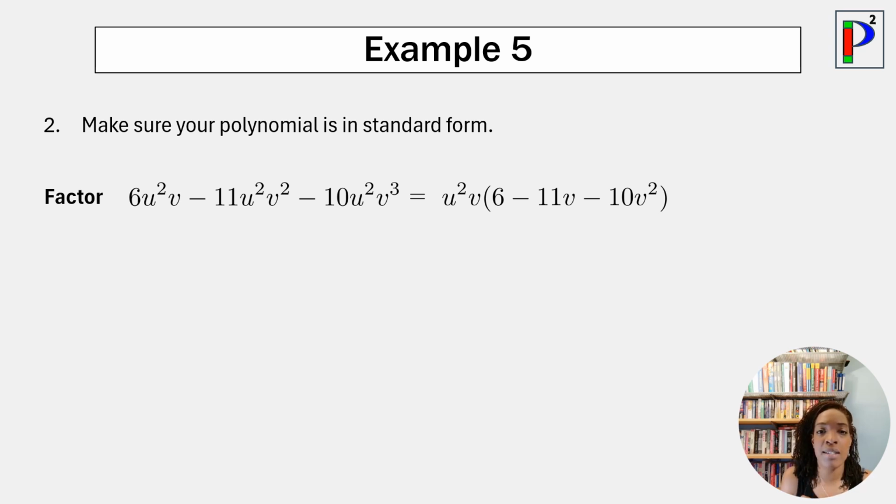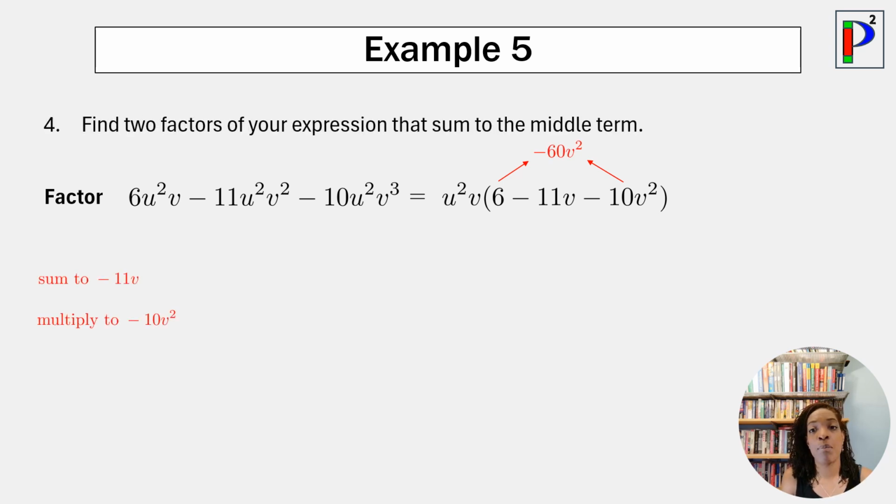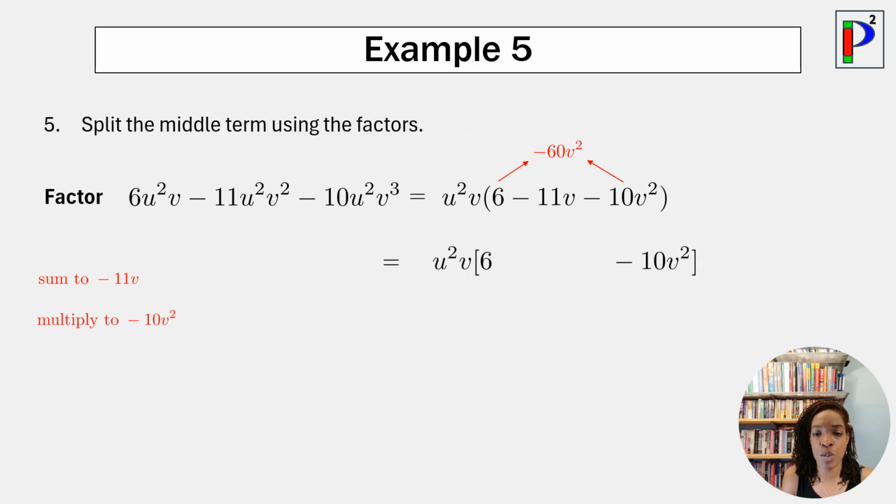After I multiply 6 and negative 10v squared, I know I'm looking for two numbers that sum to negative 11v and multiply to negative 60v squared. Okay? 4v and negative 15v will do nicely.